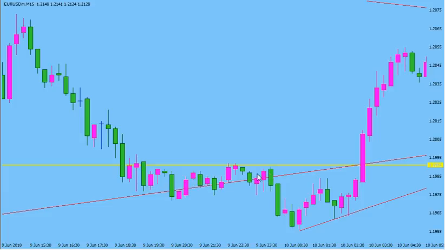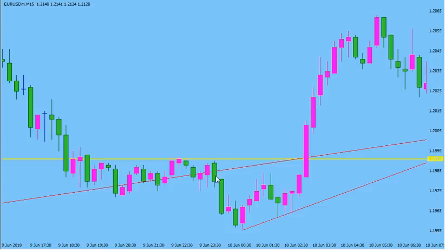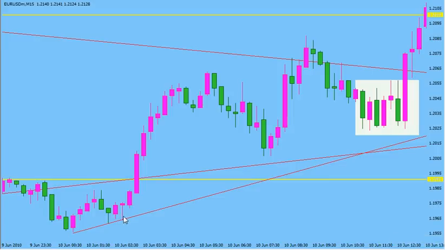And like I said, last night I got in too soon and price fell down before it bounced back up again. And you'll see how price bounced up and it fell back down.